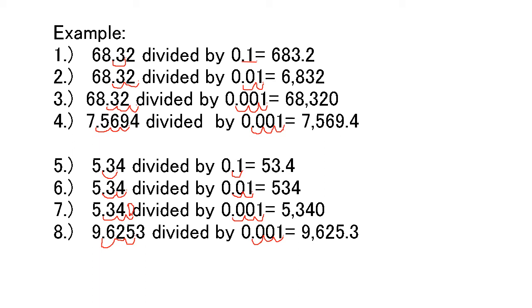So the solution is you are going to move the decimal point to the right in the divisor and also in the dividend. So we are going to move 1, 2, 3. So 3, 1,000 becomes now a whole number 1.